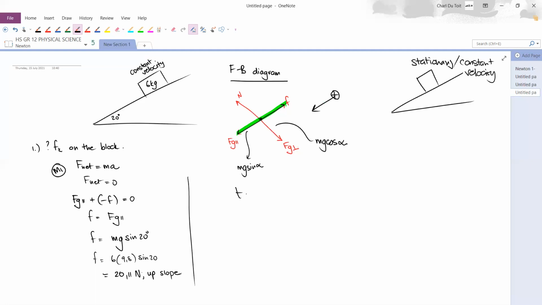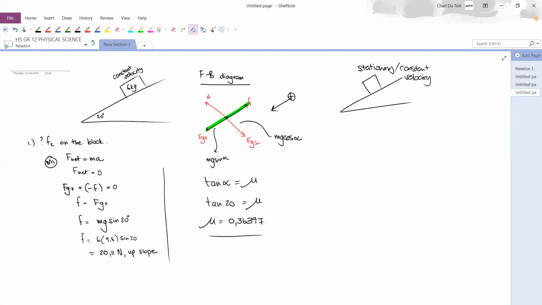Then you can also say that tan alpha equals mu. So tan 20 degrees equals the coefficient of friction. Let's do that. Tan 20, so mu equals 0.36397. So I've got that coefficient of kinetic friction.